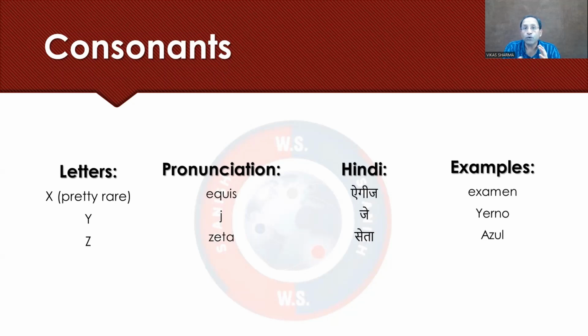Now, before we sum up the class, I just want to give you a few tips on how to learn the language more effectively and faster. The first thing is go slow but steady. You need to be slow initially because you are learning a new language.